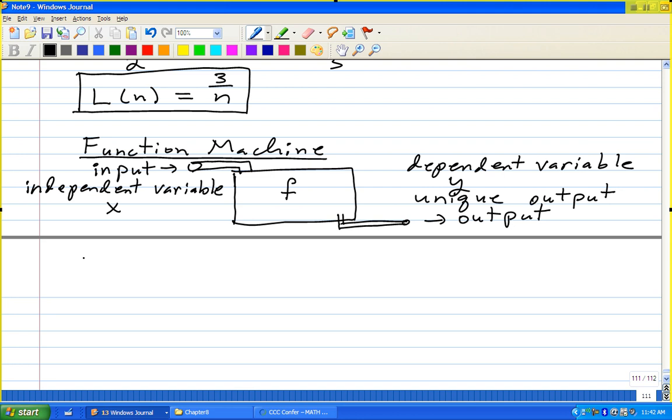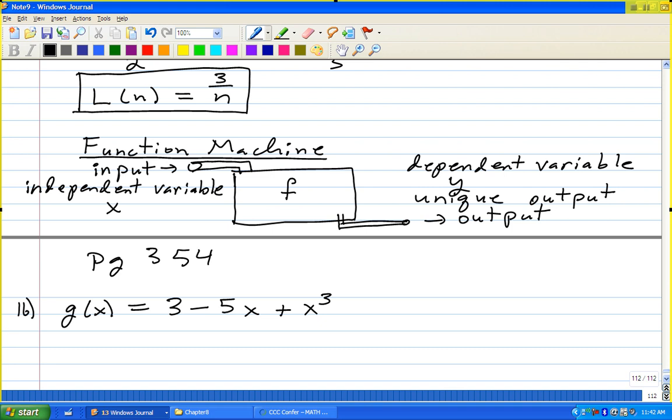So let's do, on page 354, problem number 16. G of x equals 3 minus 5x plus x cubed. So in these, what we want to do is give names to these differing types of functions.